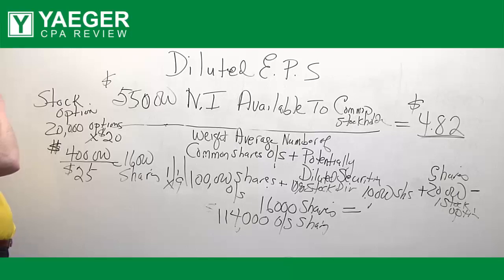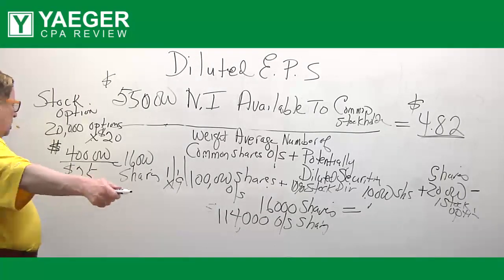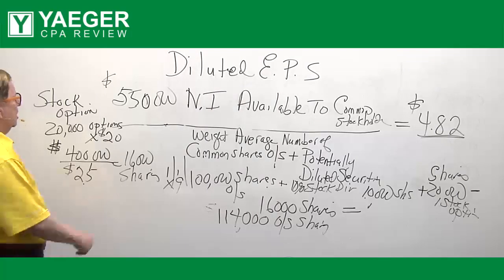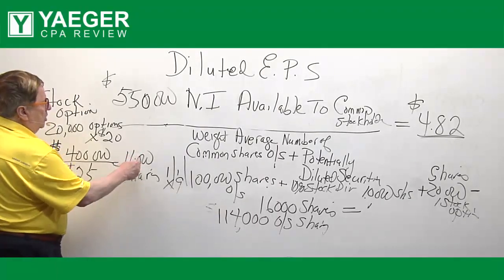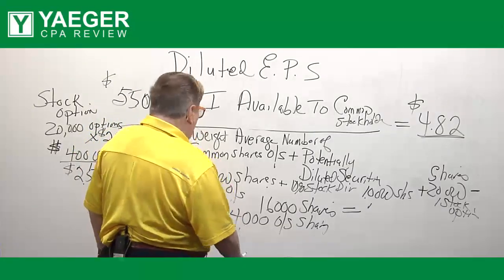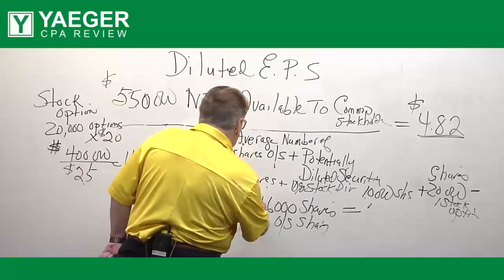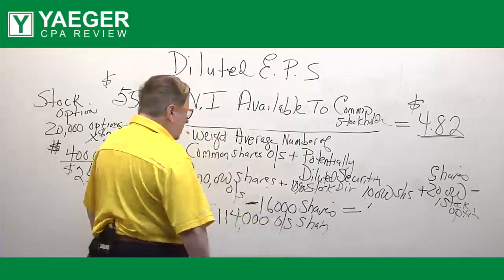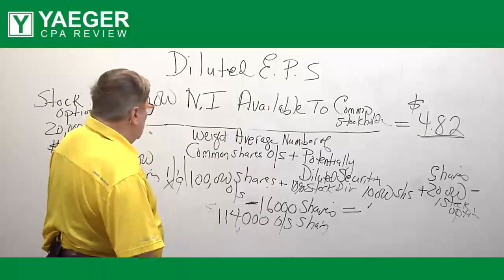Now, they're going to buy back shares, that's what's called treasury stock. They're going to buy back shares at the average market price, which was $25 per share, which is in the question. So they're going to buy back 16,000 shares of the stock. All right. So what we're going to do here is deduct 16,000 shares.